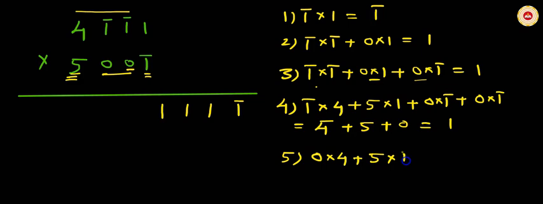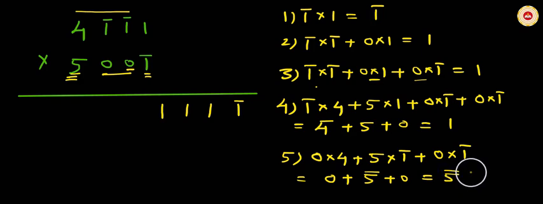Now the middle column, 0 multiplied by minus 1, which is equal to 0, plus negative 5 plus 0, which is equal to negative 5. So write minus 5. Write these 5 steps first. Pause the video and write these 5 steps.